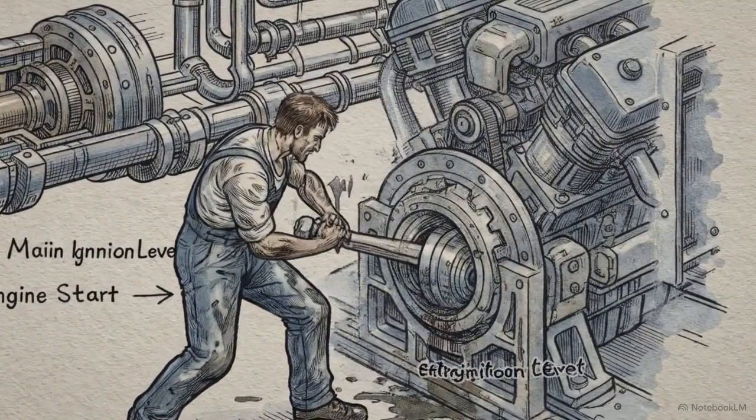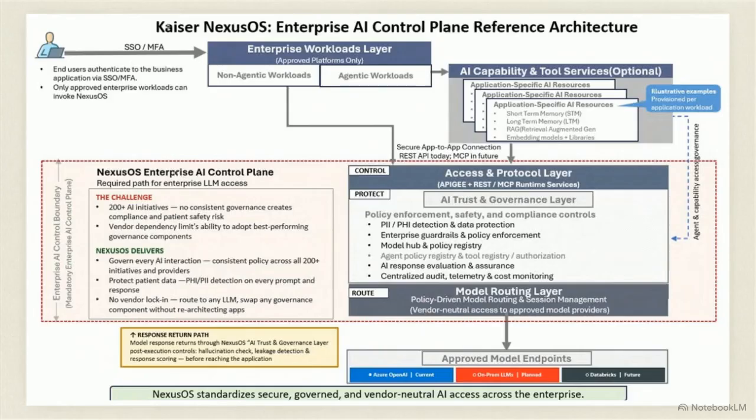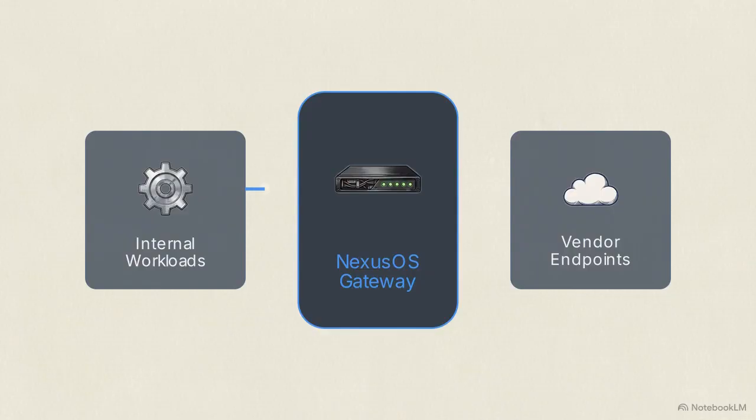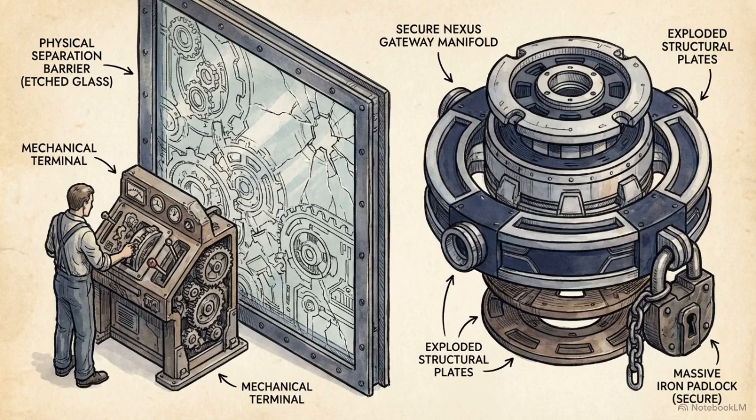Looking at the entire NexusOS ecosystem, the technical architecture and the governance pipeline operate as a single unified system. Scaling generative AI across a healthcare enterprise requires strict separation between application logic and external model invocation. The platform executes this by abstracting credential management away from the developer and hard-coding data redaction at the gateway.